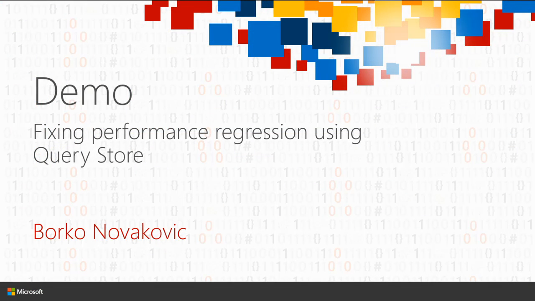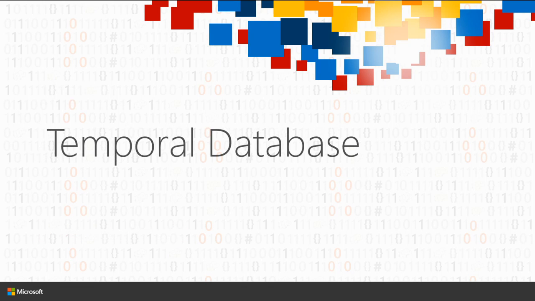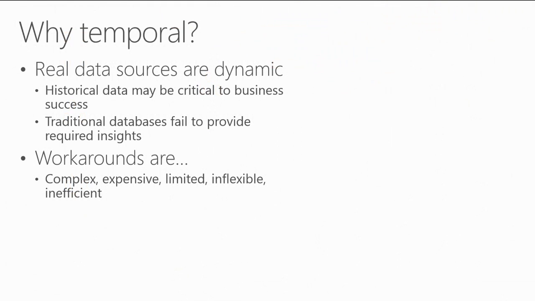Now, I would like to say a couple of things about the temporal database. Before starting the discussion about why people would use temporal features from SQL Server 2016, first, a short definition of what temporal is.